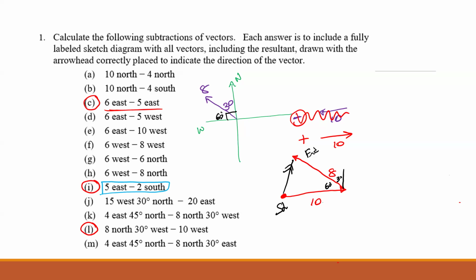Now which rule do you use? You know two lengths and the angle between the two lengths. So what rule do you use? You use the cosine rule, am I right? Yes, c squared equals a squared plus b squared minus 2bc cos A. That's right.